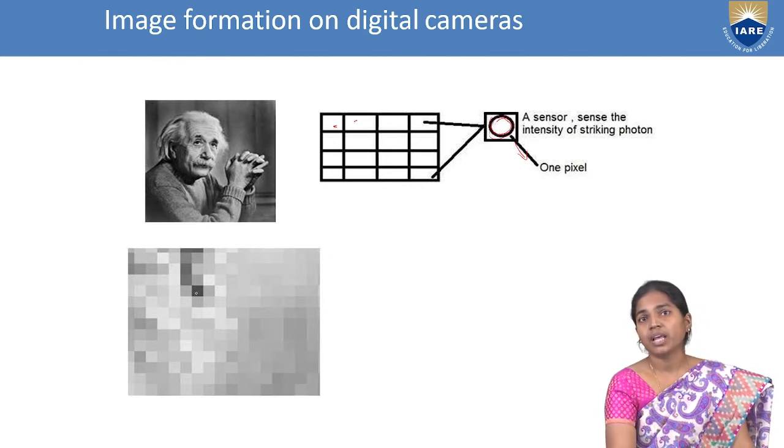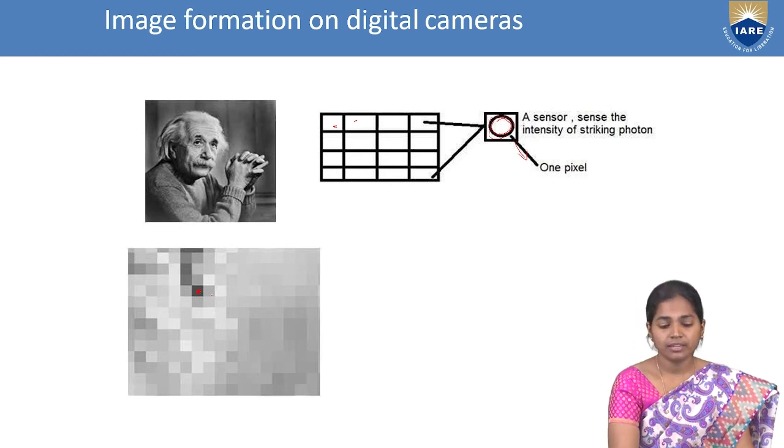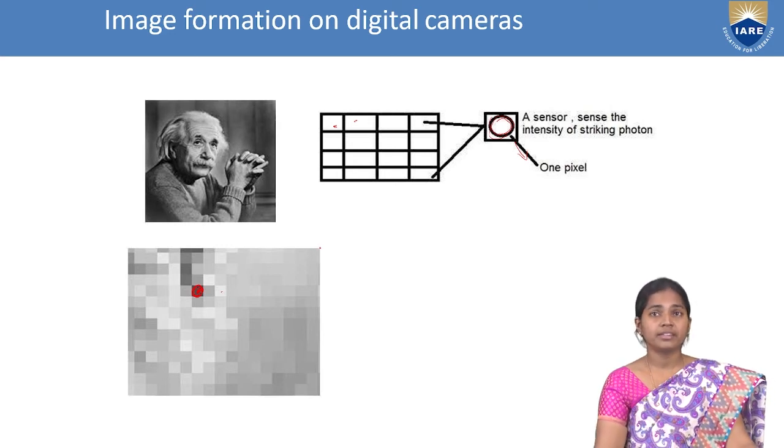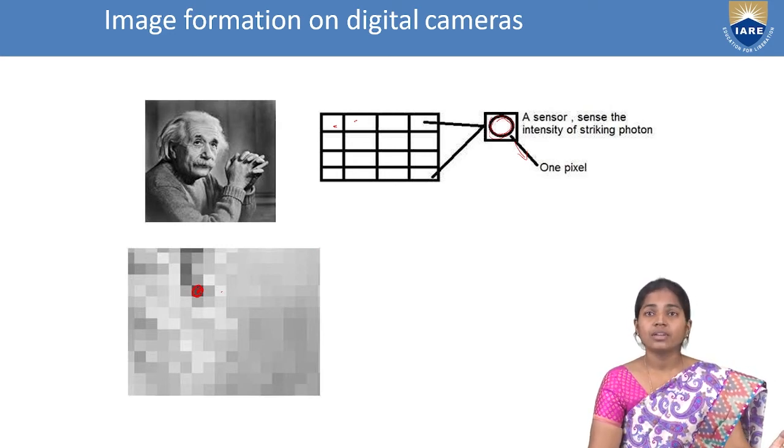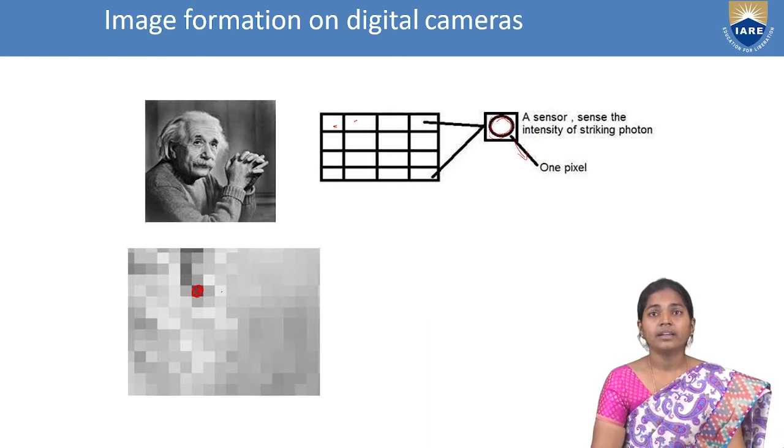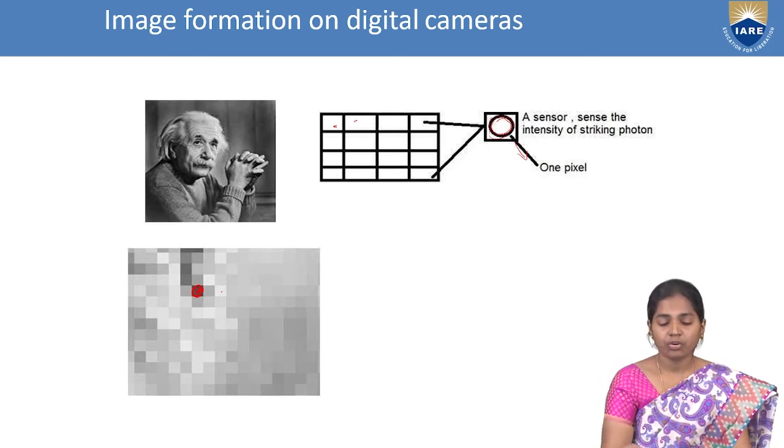Here it is black, meaning a very small amount of energy falls on that particular pixel, so the sensing of photons is very low. Here it is white, meaning the maximum gray level, because maximum light energy falls on that sensor and it gives the maximum output.